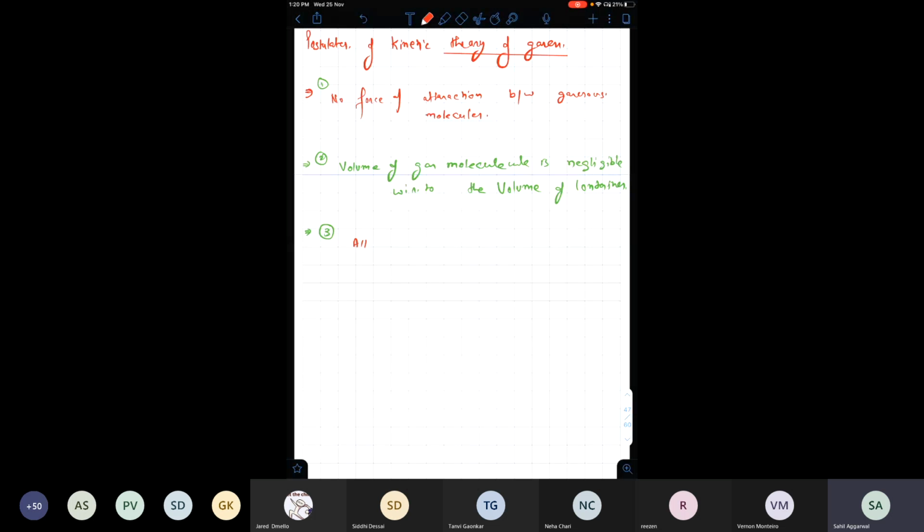All gas molecules are moving with different velocities.